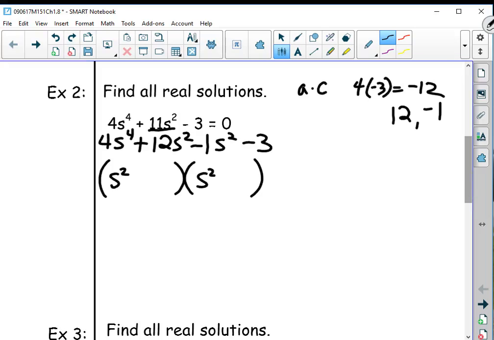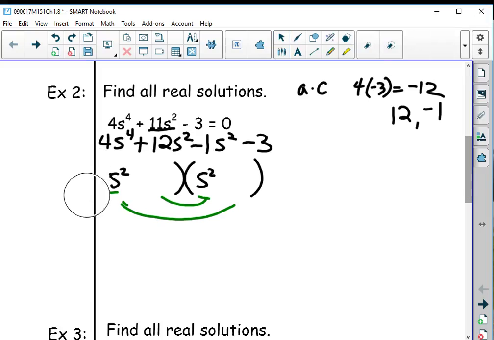So here's what I know. One of my multiplications has to give me 12s squared, and the other one has to give me a negative 1. So the only way that's going to work is if I start with a 4s squared here.